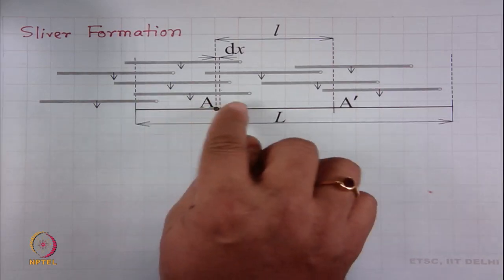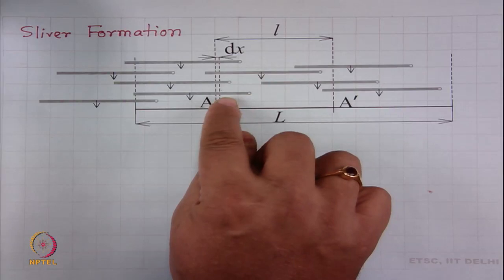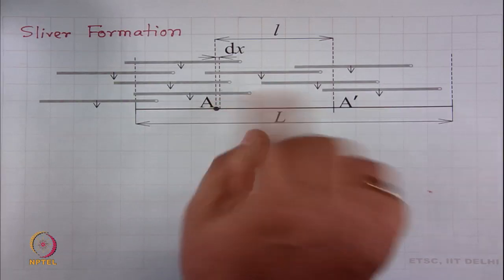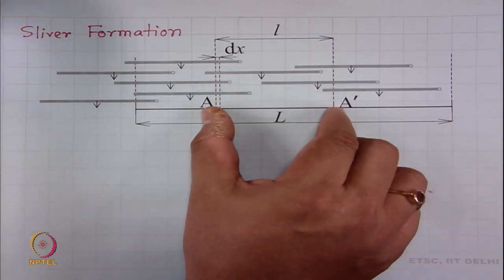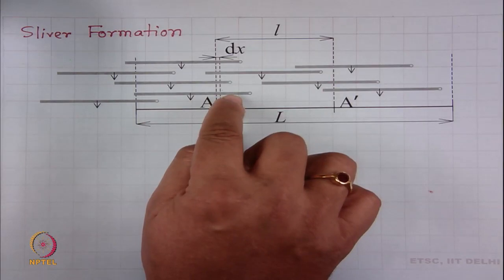If a fiber is passing this line, the right end must lie within small l, otherwise they will not be passing this line.